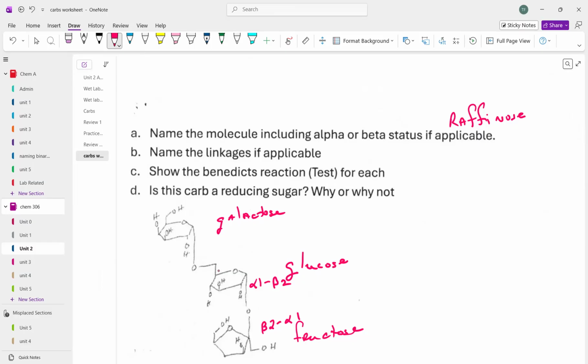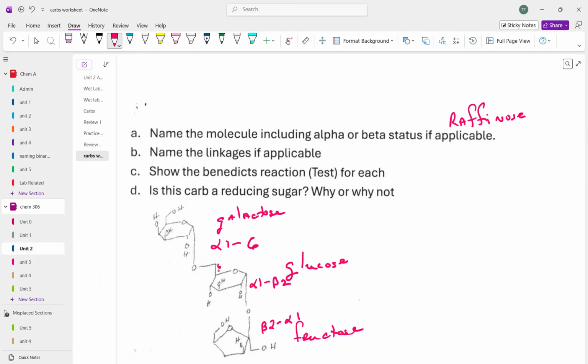This linkage here is going to be an alpha 1, 6, because this is carbon 6 right here. And is it a reducing sugar? Hemiacetal? Yes or no? No hemiacetal.